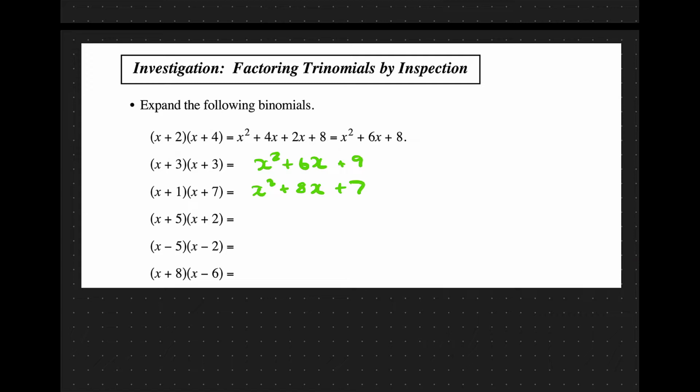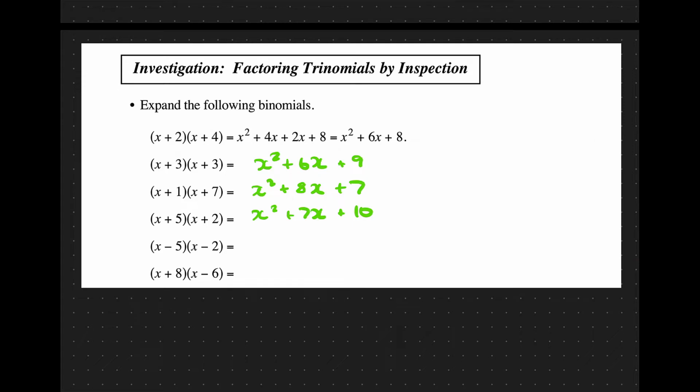And because all of these have a plus in between these three terms in the trinomial, we are also going to have the addition symbols, or positive terms. So let's take a look at the next one. Again, it's going to be x squared. 5 plus 2 is 7x, and 5 times 2 is 10. Really quick.